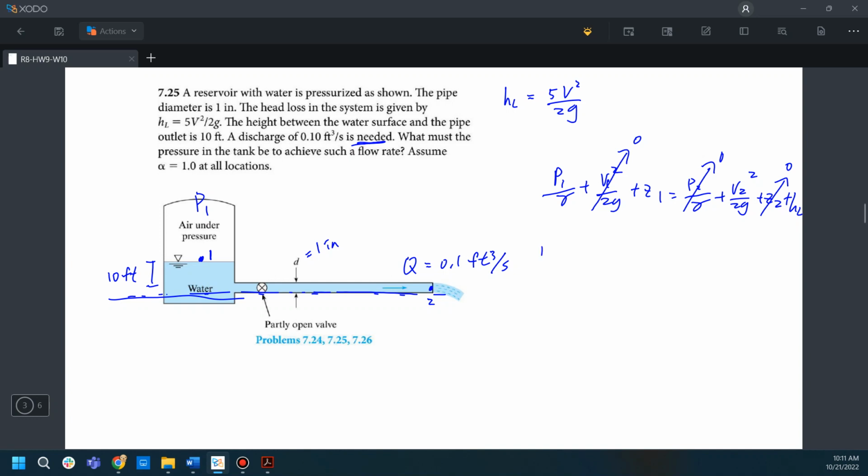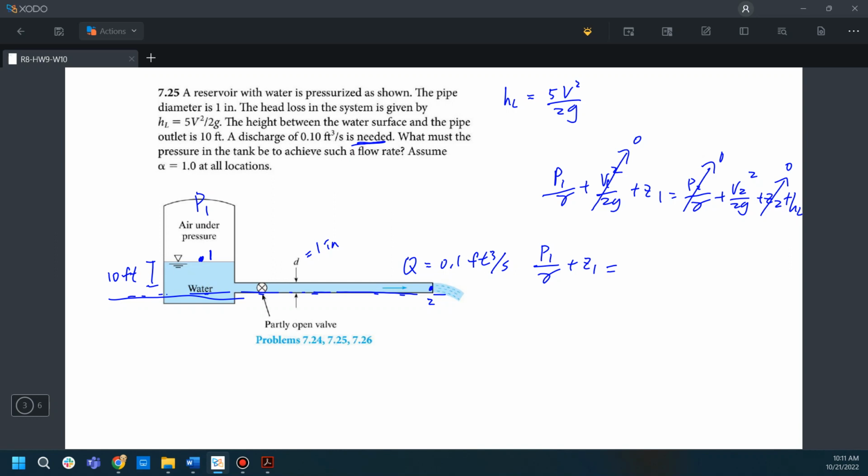So let's rewrite the simplified equation. It will look like this, equal to, and the head loss has the equation here, and this V will equal V2 because we calculate the head loss in this pipe.